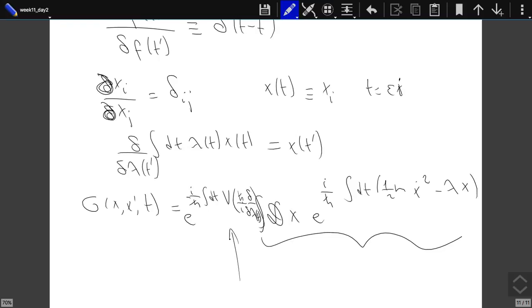So you just need to find this G, evaluate its Fourier transform, and see where the poles are. They will give you the ground state and all the energies of the excited states. And then you can try to calculate, I don't know, the wave function of the ground state, because that is nothing but the residue at the pole.